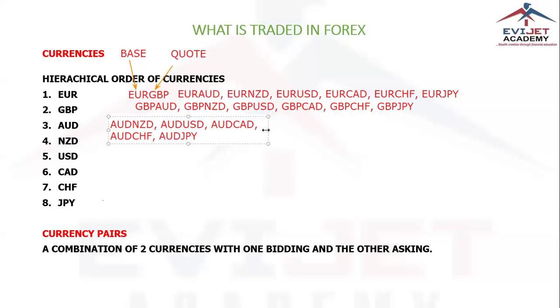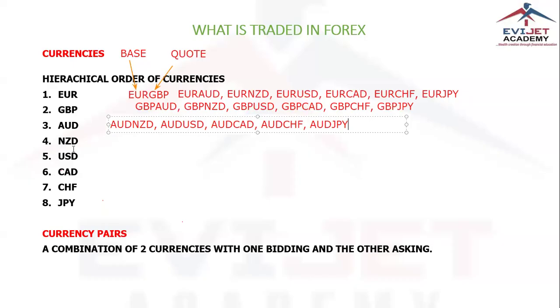So you can see now the hierarchy is beginning to play out, right? AUD can never be a base currency to anything outside GBP and Euro. It's only GBP and Euro that can be in front of AUD. Aside from that, every other thing you want to see AUD with, AUD must be the quote currency. Is it clear now?